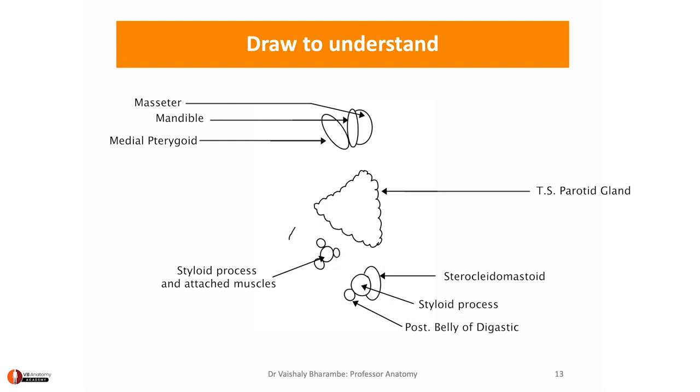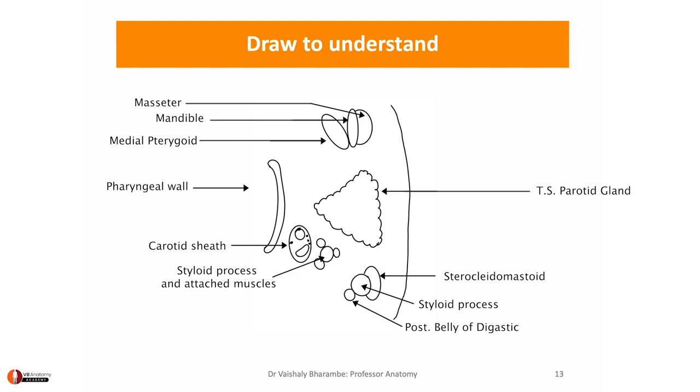Further medially, you come across the beautiful carotid sheath containing the internal carotid artery, the internal jugular vein, along with 9th, 10th, 11th and 12th cranial nerves. Further medially, you come across the wall of pharynx. The parotid gland is separated from the surface by skin and by underlying superficial fascia. Now color up your diagram and enjoy the process.